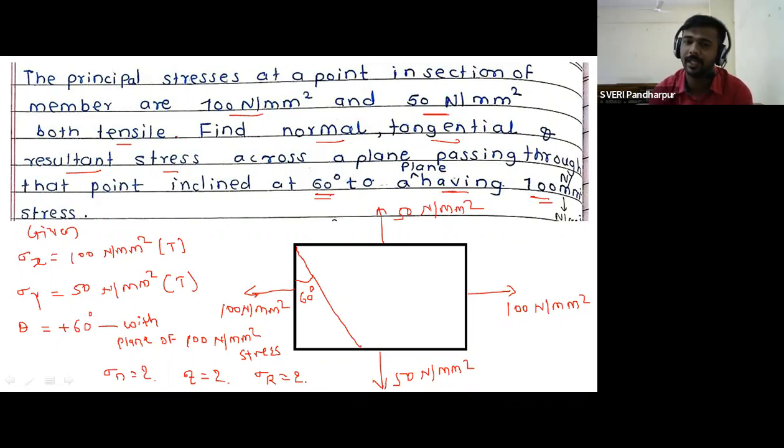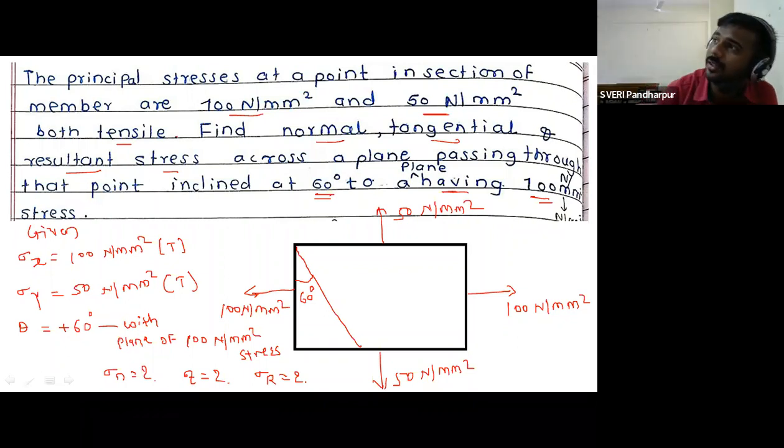Okay, so like that, we have to generate the figure for the case number 2. And I have told the first value will be your sigma x, second value will be your sigma y. Sigma x is always greater than sigma y. If there is a negative value, जर इथे sigma y जर तुम्हाला negative दिला असता, means compressive दिला असता, तर that negative sign also we have to consider in the calculation.